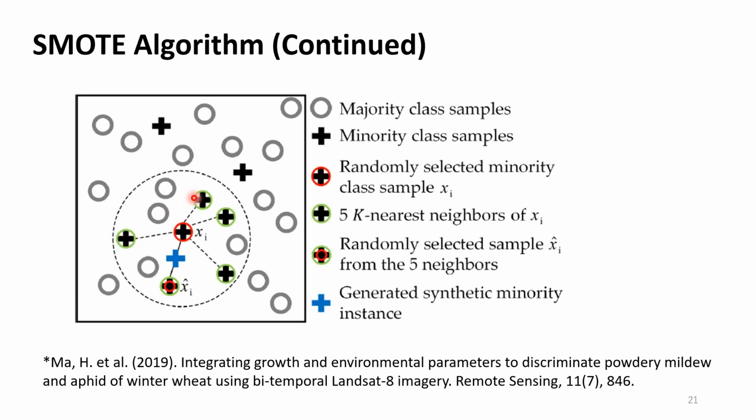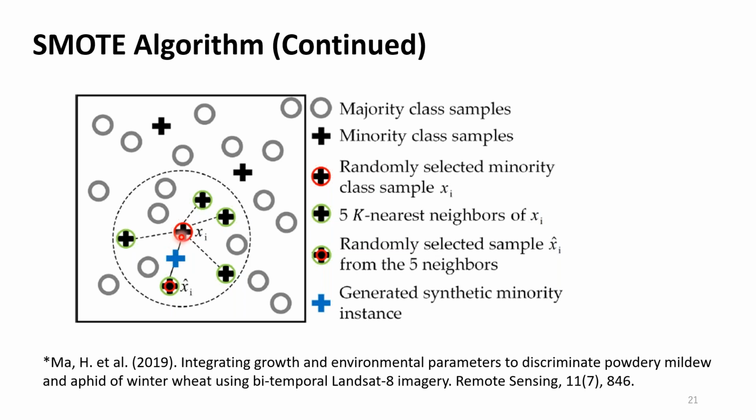Then from the selected 5 samples, it randomly chooses one sample. So first randomly select this one, using k nearest neighbor 5 samples are selected, and from the 5 samples randomly select one, this one, and generates a synthetic minority instance by interpolation.